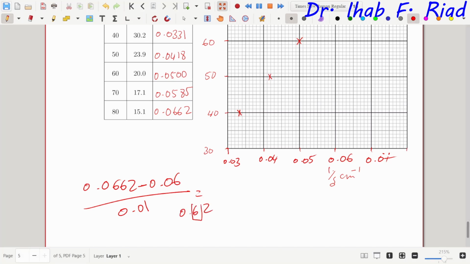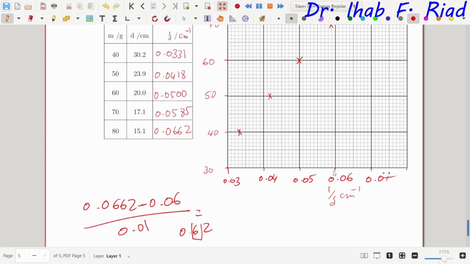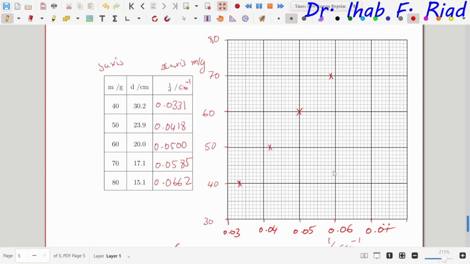Again, meaning 6 small squares, and a little bit to the right. This is the 80 mark on the y-axis. It's 5, 6.